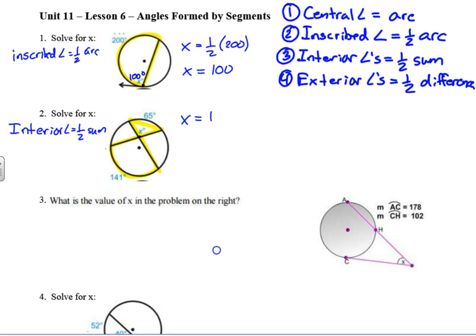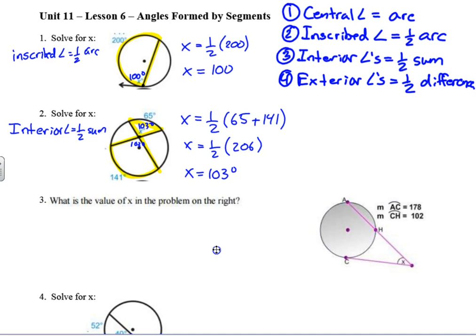So x is 1/2 of 65 plus 141. 65 plus 141 is 206, and therefore angle x would be 103 degrees. Now, this is vertical angles, so that would also be 103 degrees.